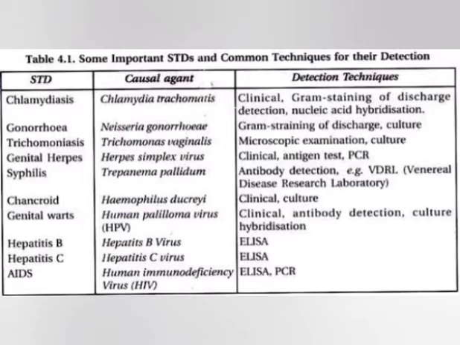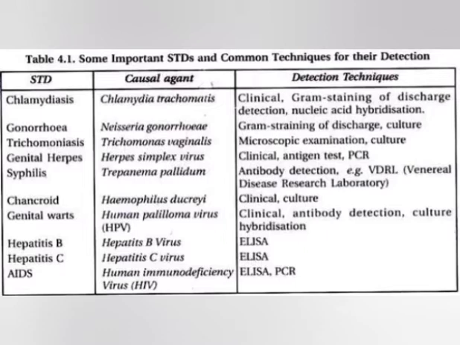The next is genital herpes, and the causative agent is herpes simplex virus, and detection techniques include clinical antigen test and PCR, that is, polymerase chain reaction.